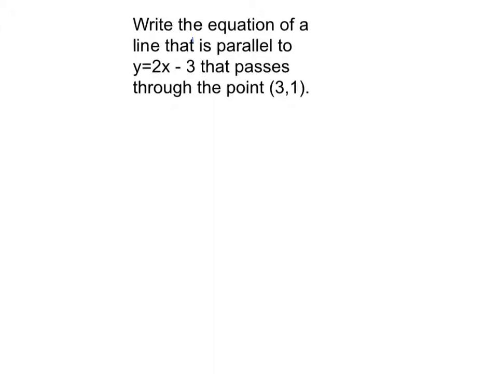So let's suppose we had a little bit more detail in the question. Suppose we wanted to write the equation of a line that is parallel to y equals 2x minus 3 but that passes through the point 3, 1. So going back to what I said earlier, we know that the slope of this given line is 2, and we know the slope of our line must also be 2, because that's the parallel slope.